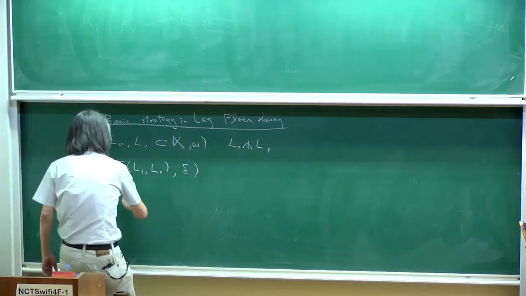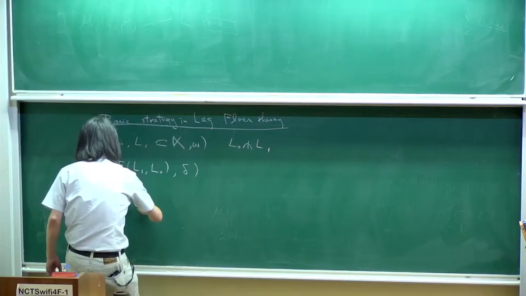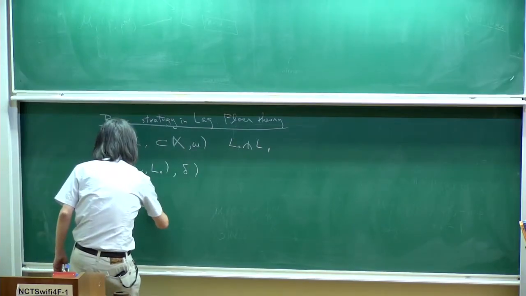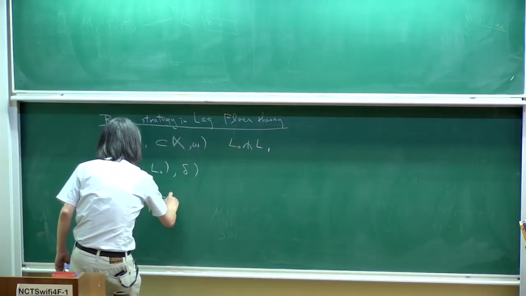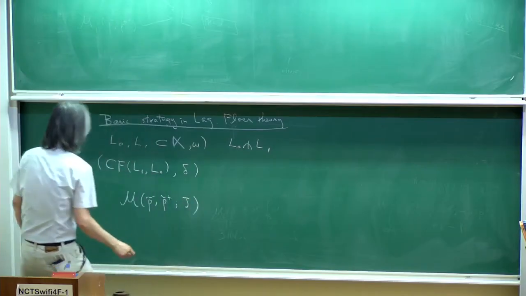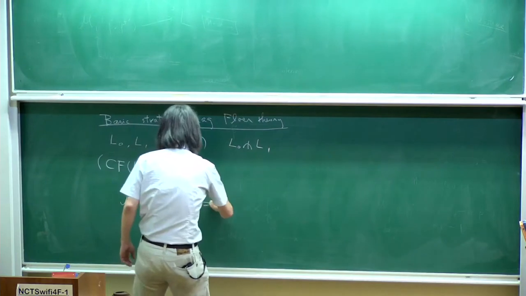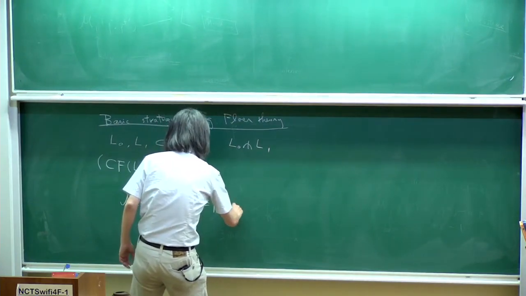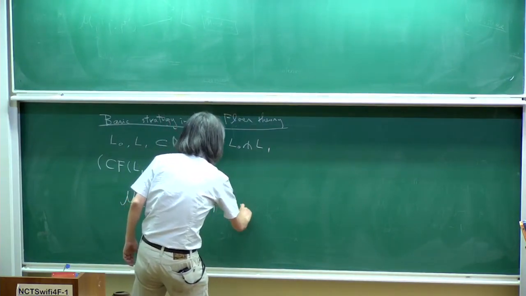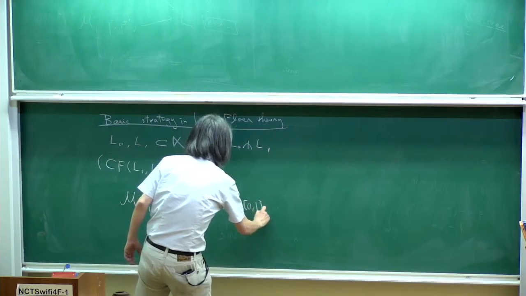And I remind you some moduli space like M(p tilde minus, p tilde plus; J). This is J-holomorphic strips.